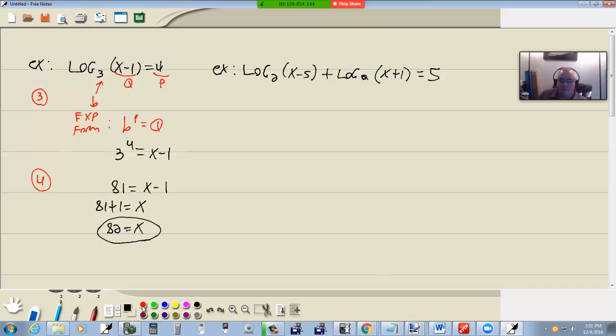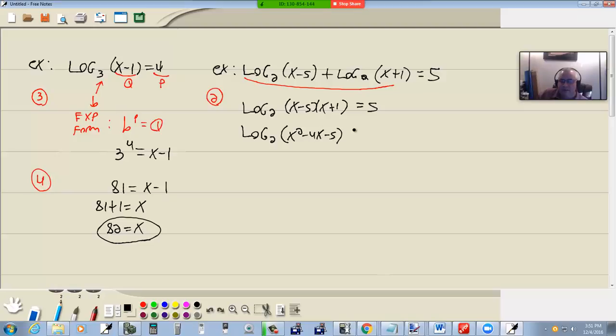Step 2, use properties of logs to get a single log. Here we have log of something plus log of something. Remember, addition becomes multiplication. So this is log of x minus 5 times x plus 1 equals 5. When I FOIL that, I get x squared minus 4x minus 5.